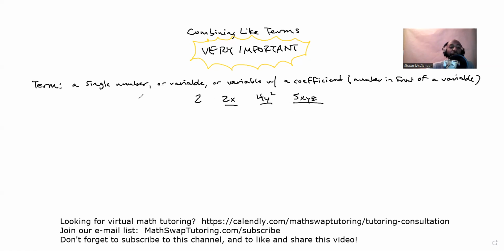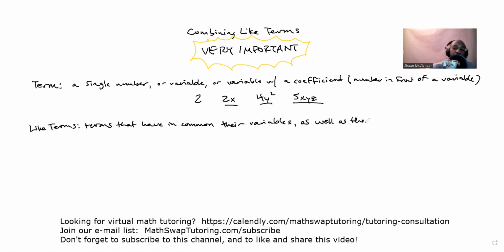All right. Now, if we're talking about like terms, plural, like terms are terms that have in common their variables, as well as the exponents on the variables.